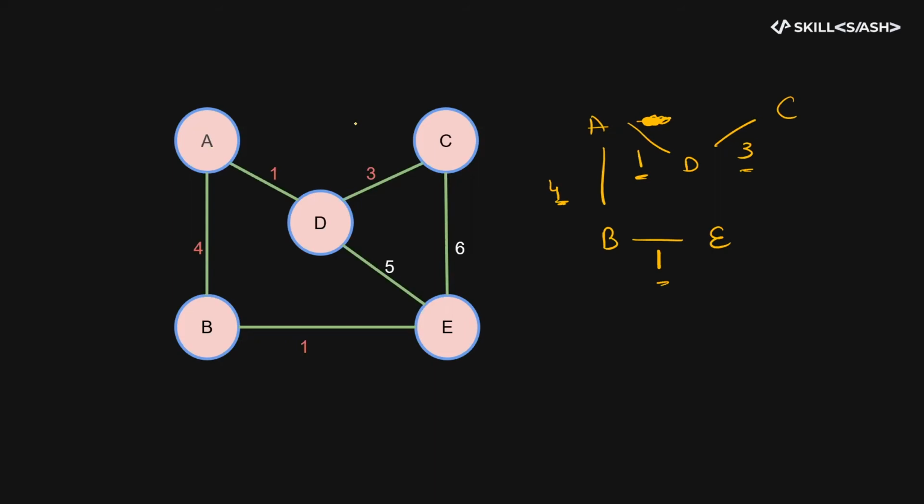The logic behind that is that to reach E, you have multiple options, if you see 1, 5, and 6. Out of all, whichever is the least, that you are choosing.